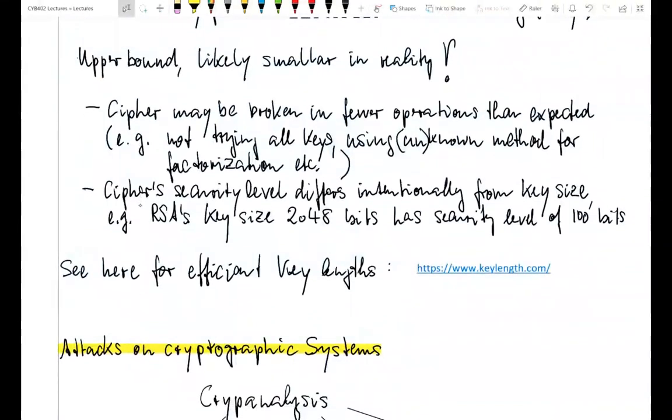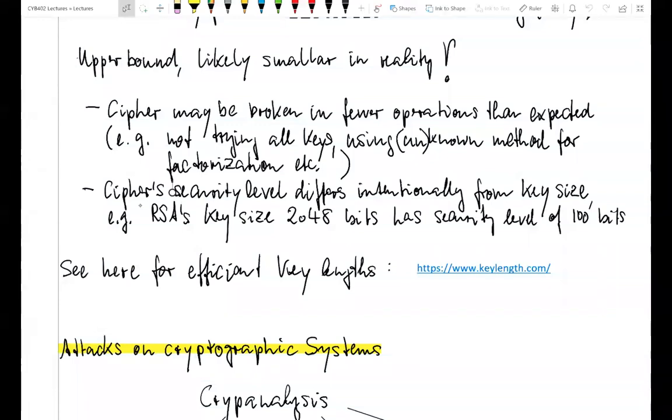Or we may choose to just use a way different and higher bit number key, because we know of attacks that achieve breaking the cipher in way fewer steps. We will see when we talk about ciphers that, for instance, some attacks allow for a square root of the number of bits to break a cipher.